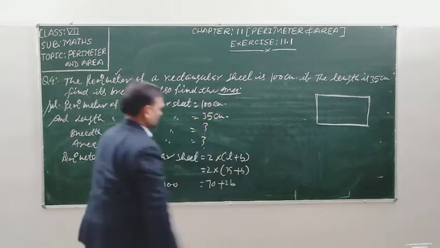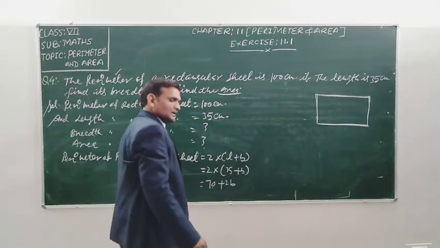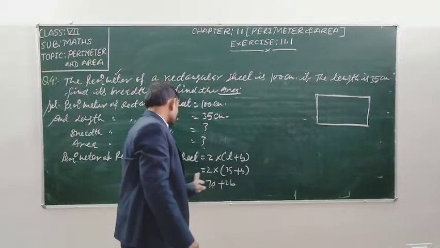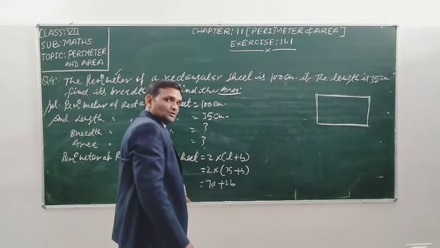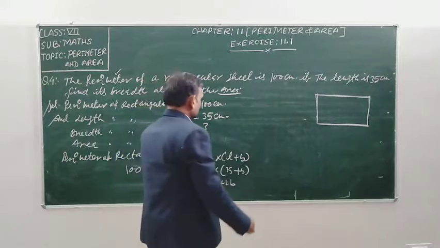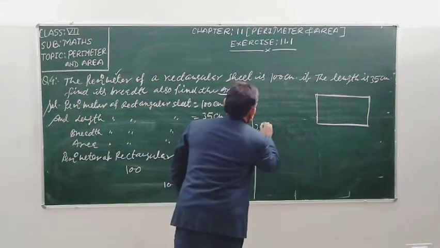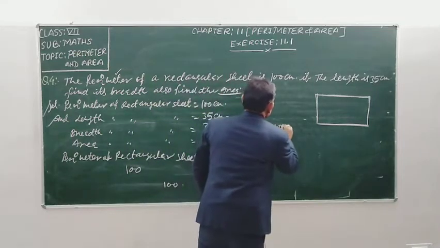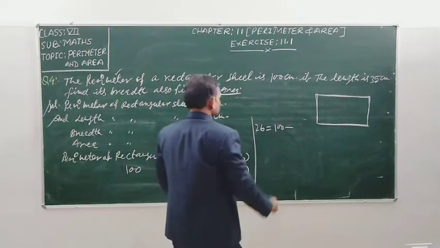Now 100 equals 2 into 35, that is 70, plus 2b, and transpose 70 to the left side. On the right side we are adding, and when we transpose to the left side we have to subtract. So 2b is equal to 100 minus 70.